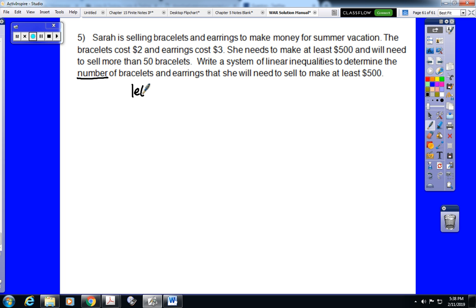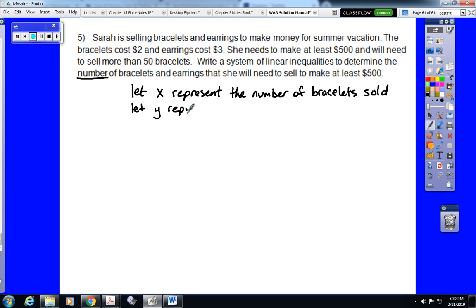So right here they're telling us that we need to use the word number when we define our variables. So we're going to let X represent the number of bracelets sold, and we're going to let Y represent the number of earrings sold.